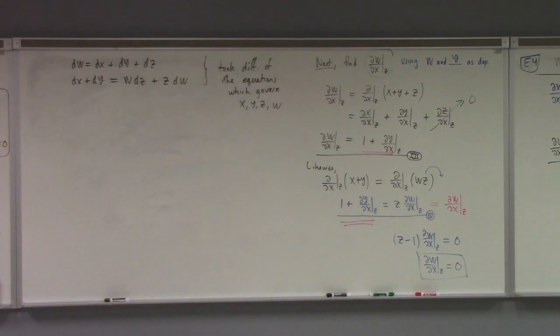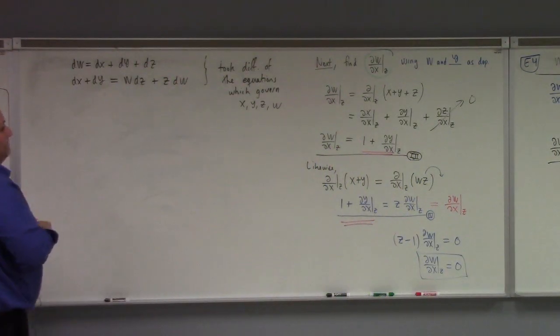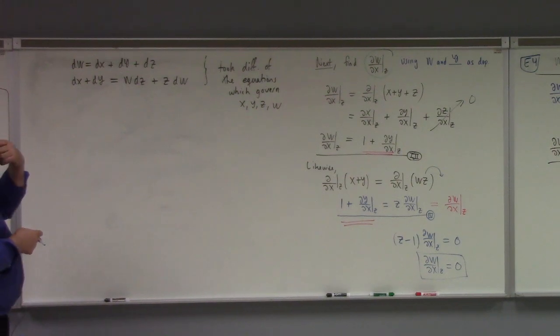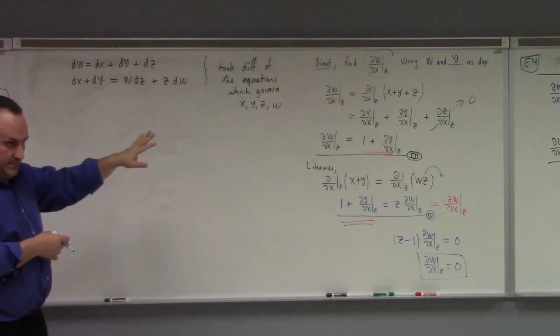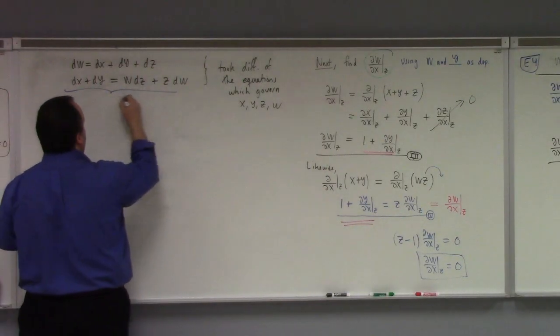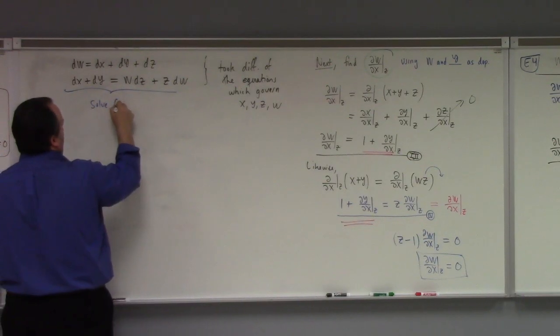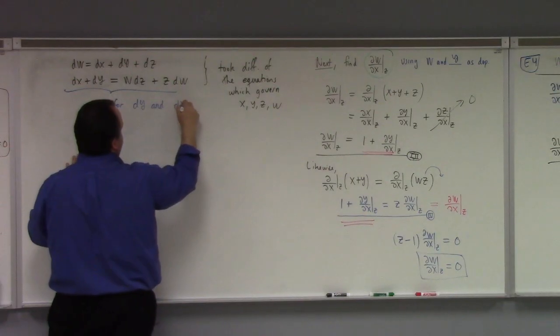I said it before, but I'll say it again. We were using z and w as dependent. All right? So if I want to understand the derivatives with respect to the dependent variables y and w, I want to solve these for basically dy and dw.